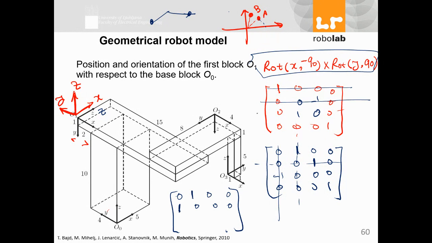And the third one, when I multiply, I get 0, I get 0, I get 1, I get 0, and 0, 0, 1. So that's what I'm getting.